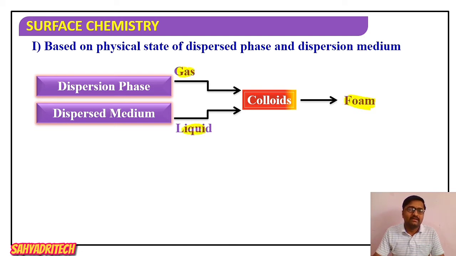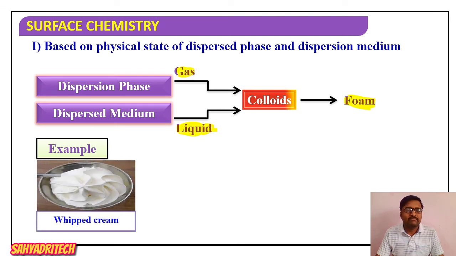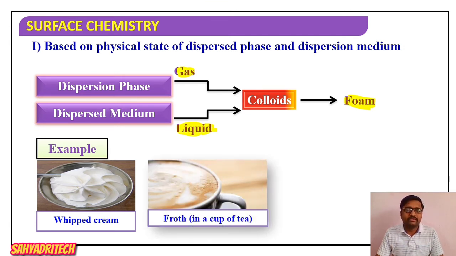Whipped cream is an example of foam, and so is the froth formed in a cup of tea. Froth is found on the surface of a liquid. Even with washing powder we can generate froth, or with liquid soap or shampoos. All such froth is an example of the foam type of colloid, where gas is the dispersed phase and liquid is the dispersion medium.